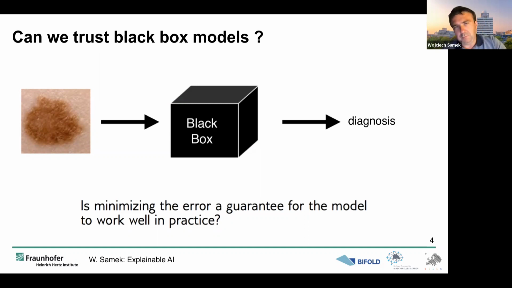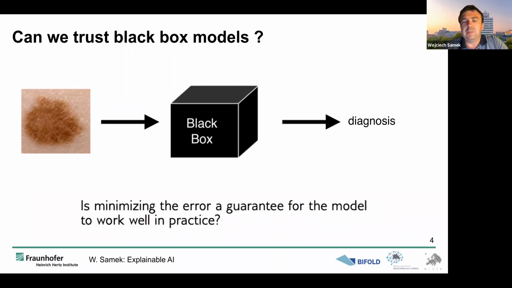Usually people feed data to these models, train them for some task, for example, to predict cancer from images in dermatology, and then your model gives you some prediction, and the question which remains is, would you trust such a black box?